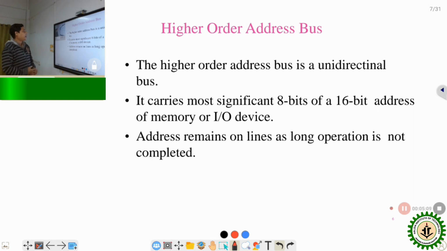So here is the summary. Higher order address line bus is a unidirectional bus. Why is it unidirectional? One question may come.